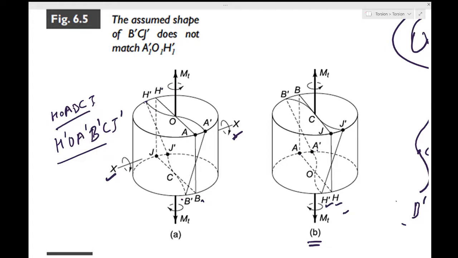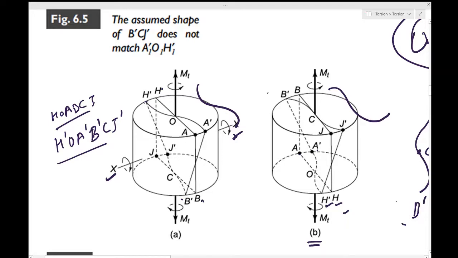Even after this rotation of 180 degrees, the loadings are identical in this case when you apply. Therefore, they should have identical deformations. But the curvatures of diameters in the two elements are of opposite sense. Look at this curvature. It is like this, the top face, and over here it is like this. So the curvatures are of the opposite sense.